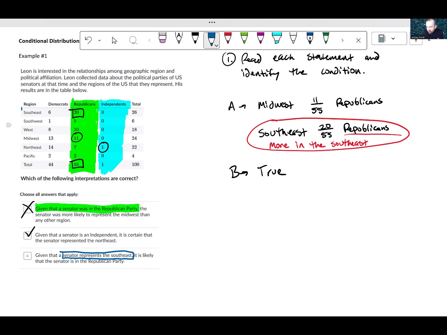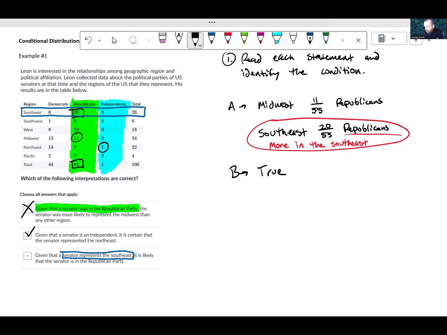So we're going to take a look now at this row of the Southeast, and we're going to see if that statement's true. It looks like we have 20 Republicans from the Southeast and 6 Democrats from the Southeast. So yeah, we could say it is likely that the senator is in the Republican Party.